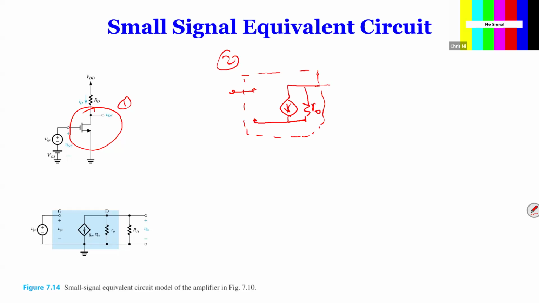Okay, draw that. That's step 2. And step 3, find what components are connected to each terminal.